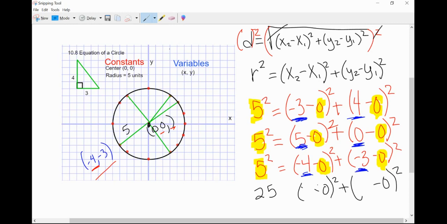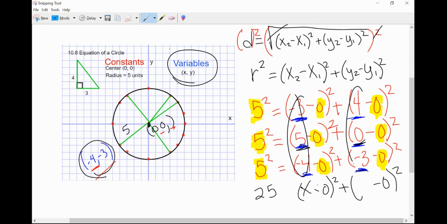Now, the -4, -3 was just a sample. That was just this point. So we could have -4, -3. We could have this 5, 0. That point could be anything. So since that's anything, that's where the variables come in. So instead of all of these numbers, which could change, we put x.